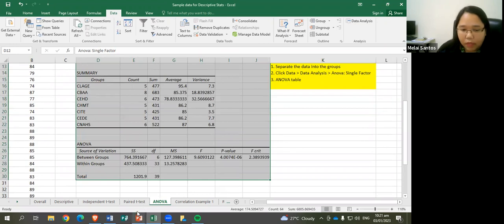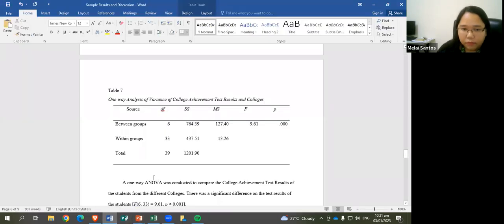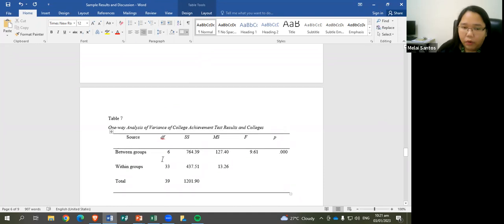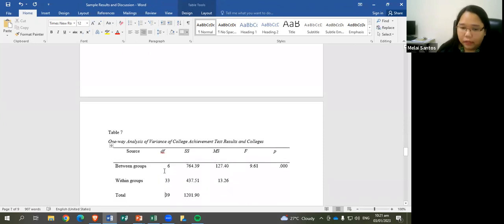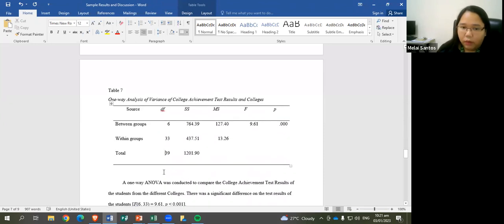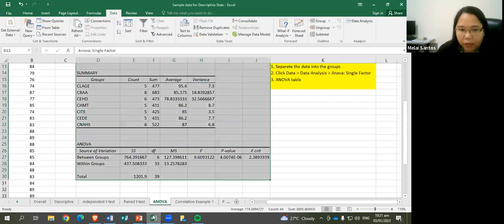Now let's go to the Word file first. In your presentation of data, you will not need a lot of things. This is the standard table that we're going to use, the one-way ANOVA of college achievement test results between groups and within groups. Now, where are they in the Excel part?